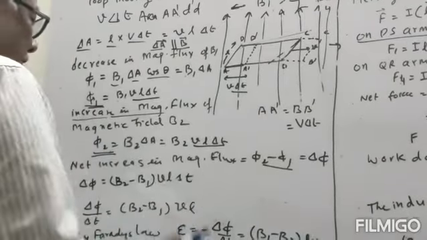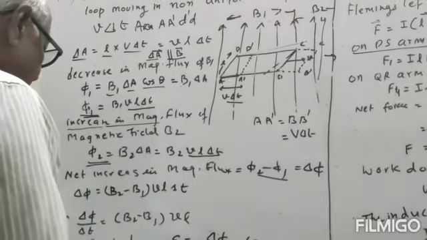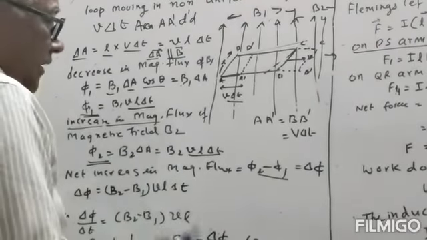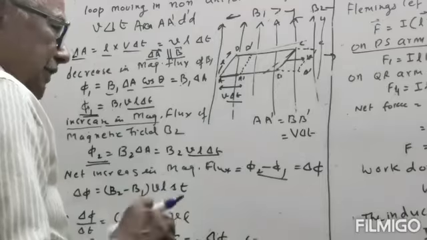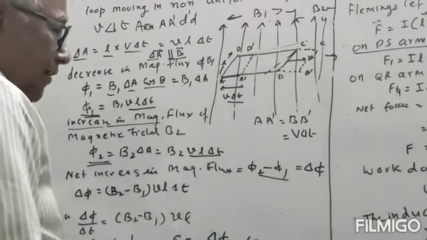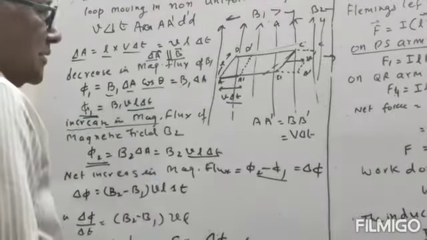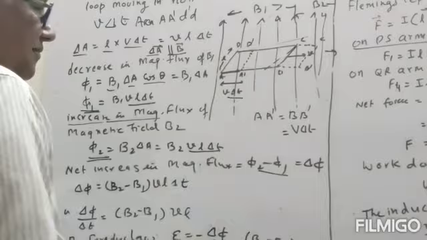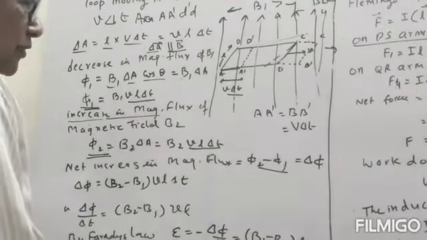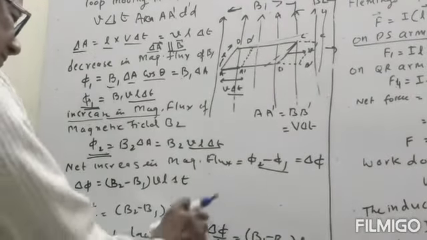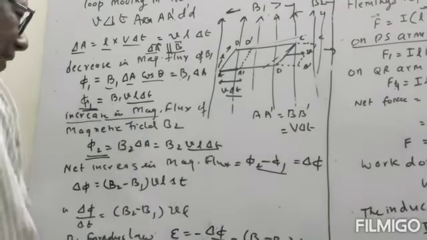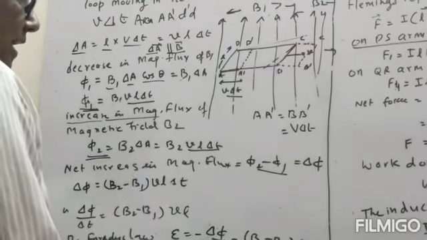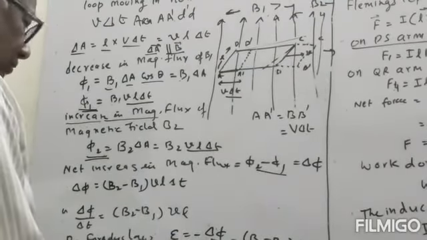Now we know from Faraday's law that if there is a change in flux, an induced EMF is produced, and the rate of change of magnetic flux is proportional to the EMF produced. The direction of the EMF is given by Lenz's law.